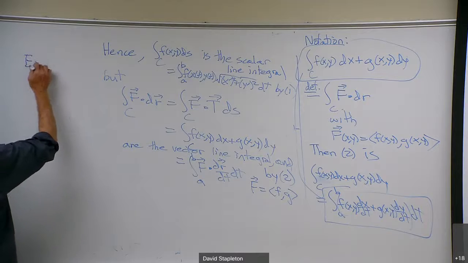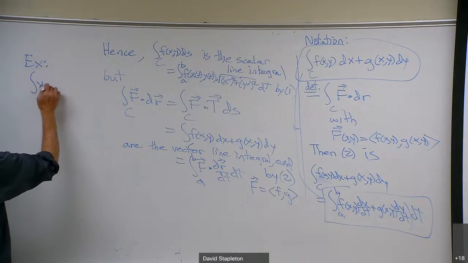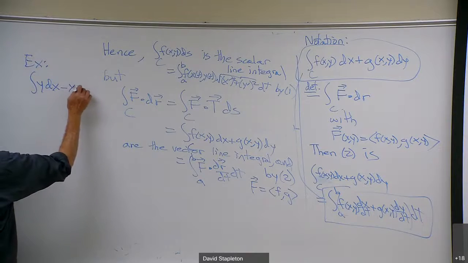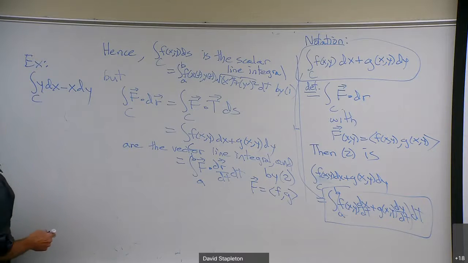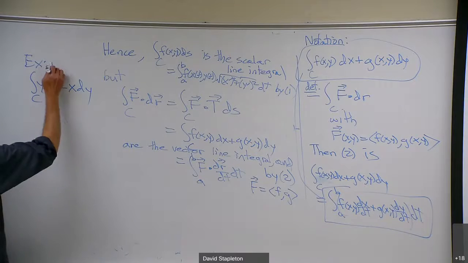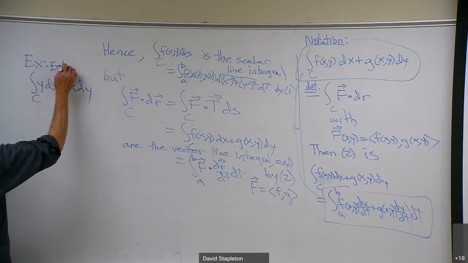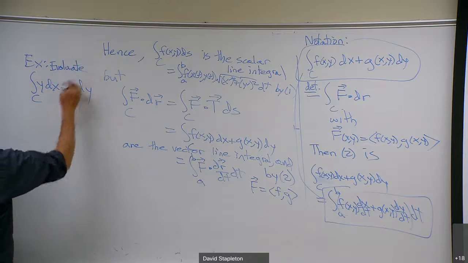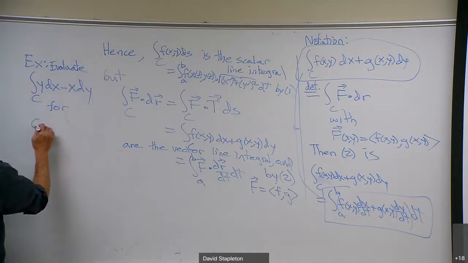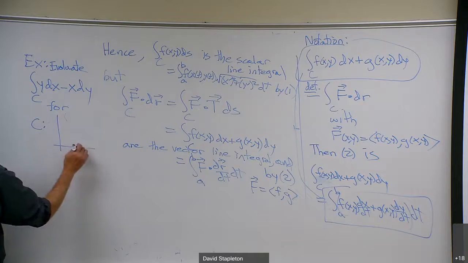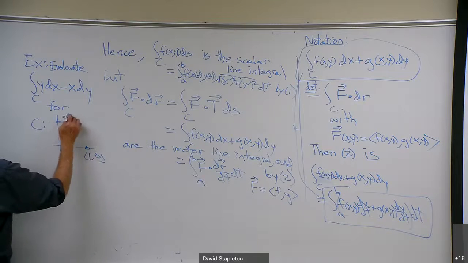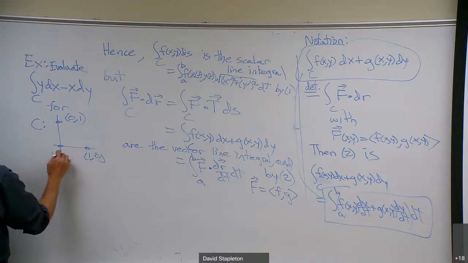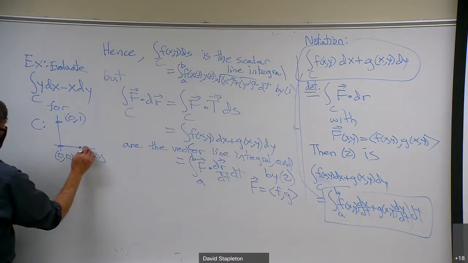Here's another example. Suppose I want to integrate y dx minus x dy. How about that one along the curve C? Evaluate this. Well, I need to say what the curve C is. For the curve C, that is this triangle with vertices (1, 0), (0, 1), and (0, 0), traversed counterclockwise like this.